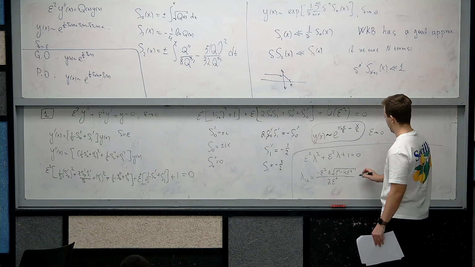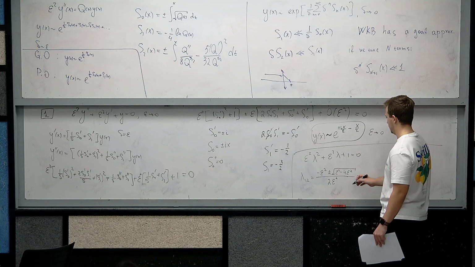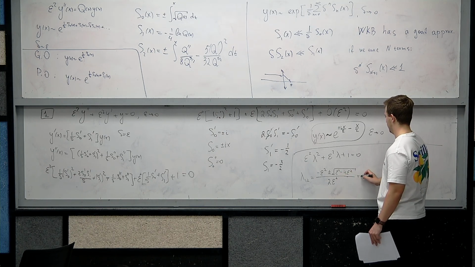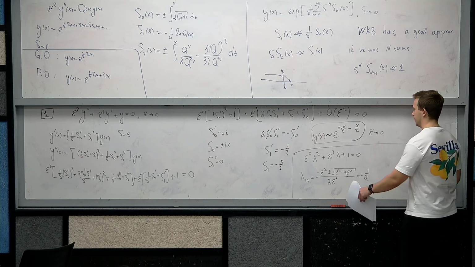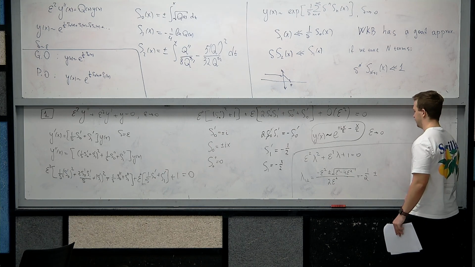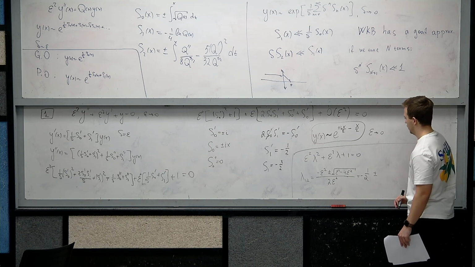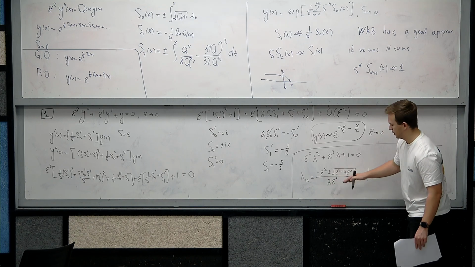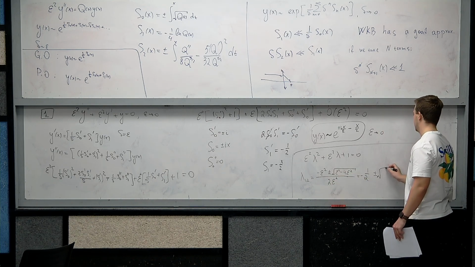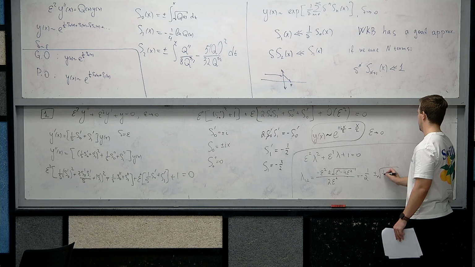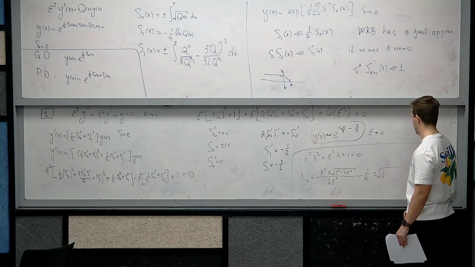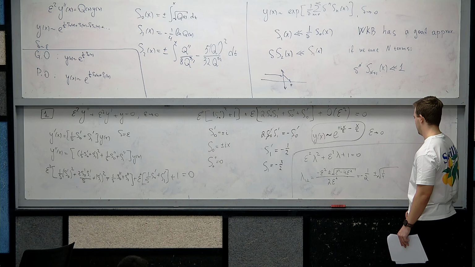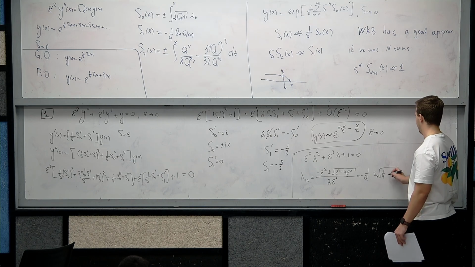Okay, now we can divide it by 2 terms. So first minus 1/2, see? Then plus minus, and let's put this inside the square root. So inside the square root we will have 1 over 4 minus 1 over epsilon squared.